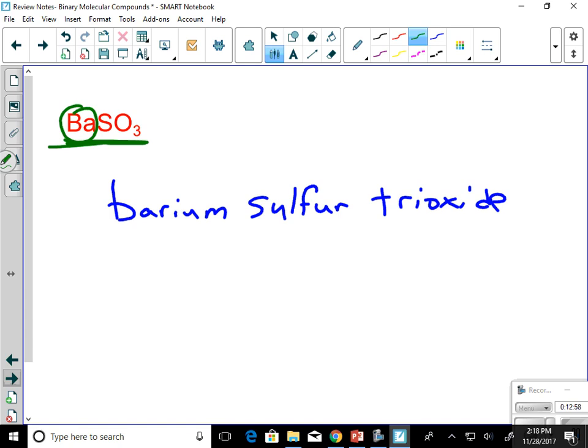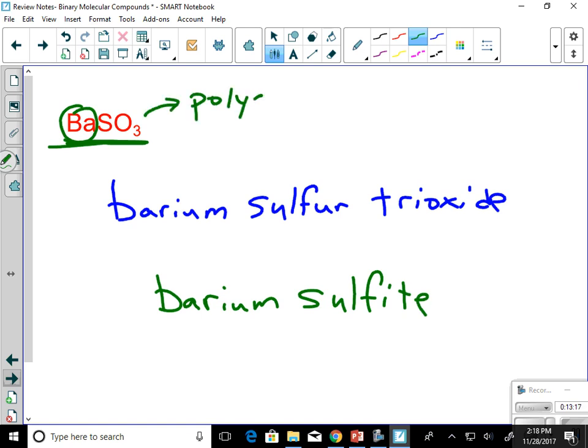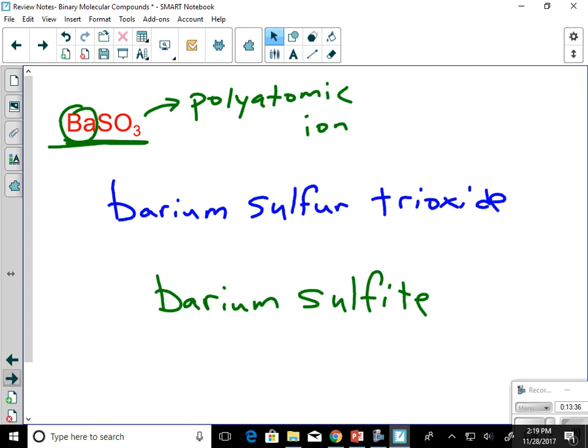You have to distinguish which one it is and which way I'm going to name this. So the correct name for this is barium sulfite, because the SO3 is a polyatomic ion. So that'll be on PAL. So this is ionic, and people try to name it covalently. I always throw one of those in there just so you can see that you just can't do things one way.